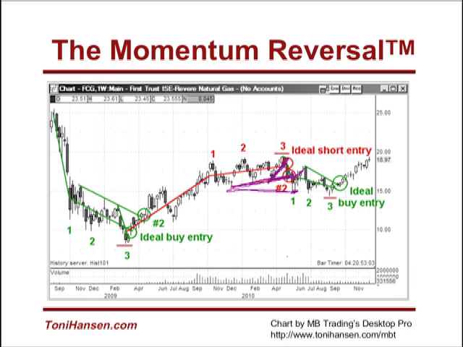Now, in this case, we don't have a strong continuation of the move. What you would want to see is this kind of hits that first target level, which is basically where the momentum shift begins.